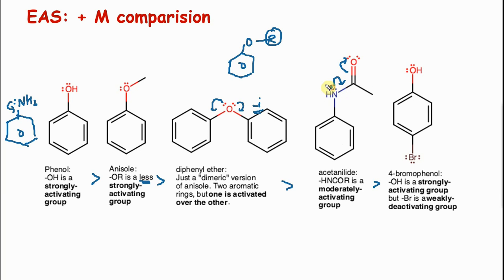Because of that, it has competition: should it give here or here? Because it is tied up in conjugation with a very strong minus R group, it doesn't give efficiently here, so it is less than this. So it's moderately activating. 4-bromophenol is a strongly activating group, but Br is a weakly deactivating group. You cannot compare actually here.